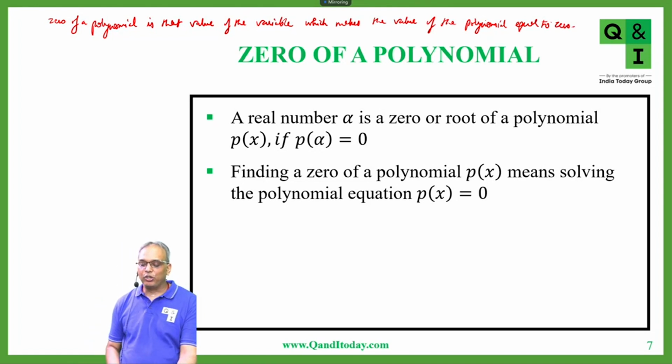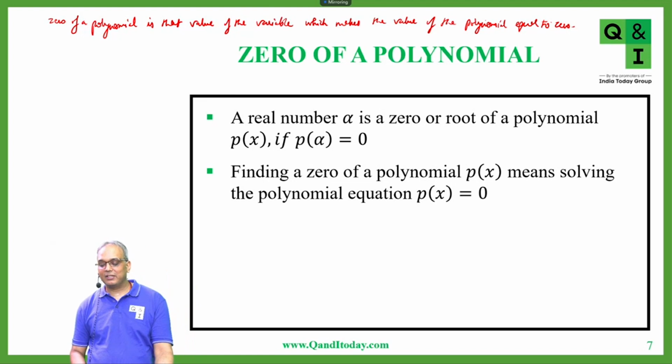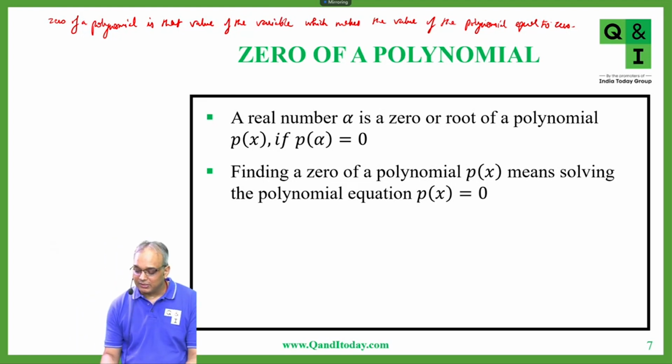So zero of a polynomial is that value of the variable which makes the value of the polynomial equal to 0.